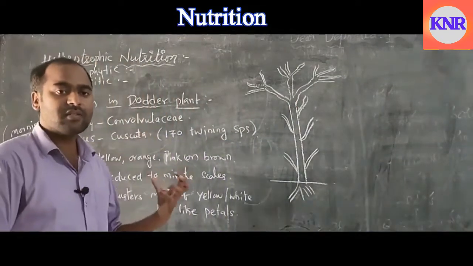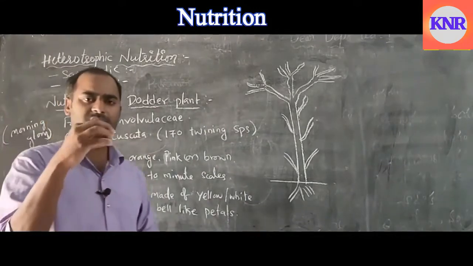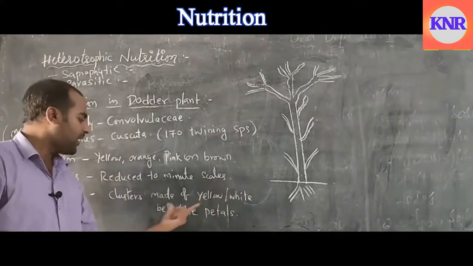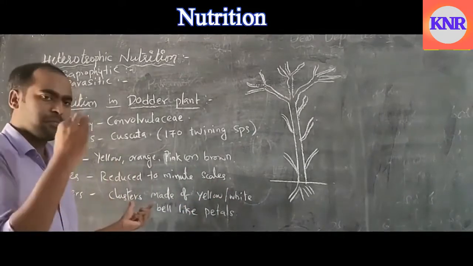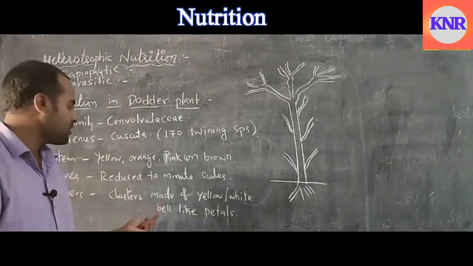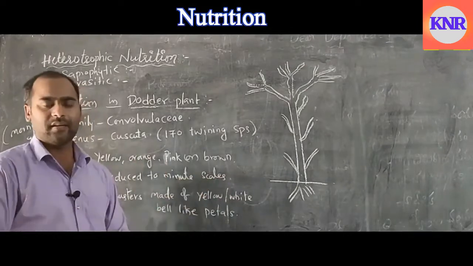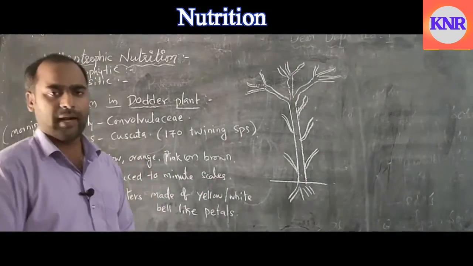The flowers are present as clusters in the nodules, and those are made up of yellow or white bell-like petals. So that is the structure of a dodder plant.